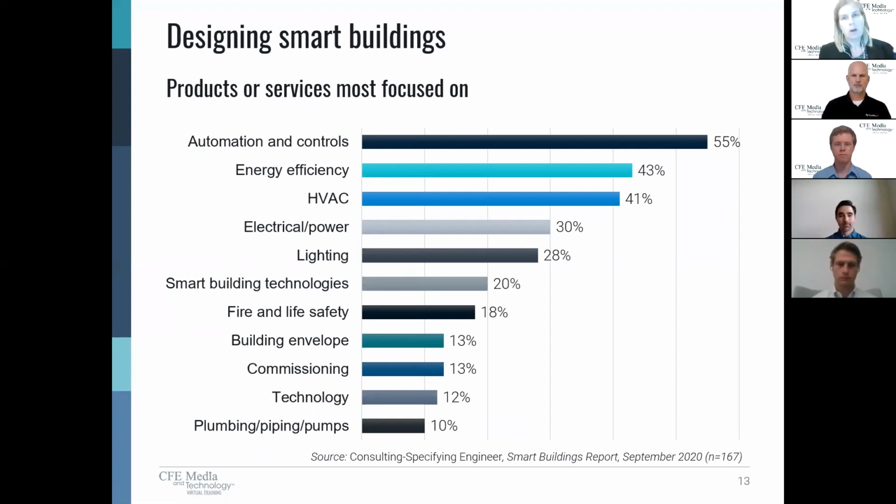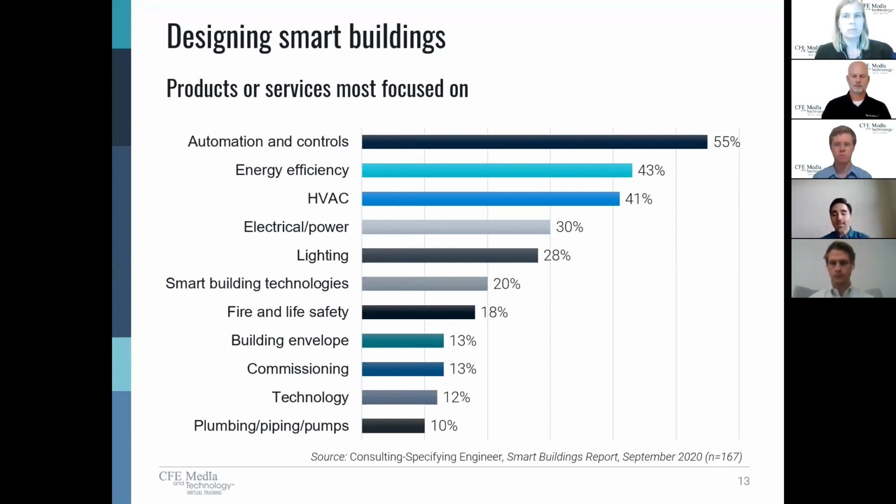Not surprisingly, automation and controls came out at the top when we asked this question. But I think it's really interesting to take a look at what different products or tools engineers are using and what may be rising to the surface as we continue to work within smart buildings. Mo, I think you also had some ideas and comments on this.